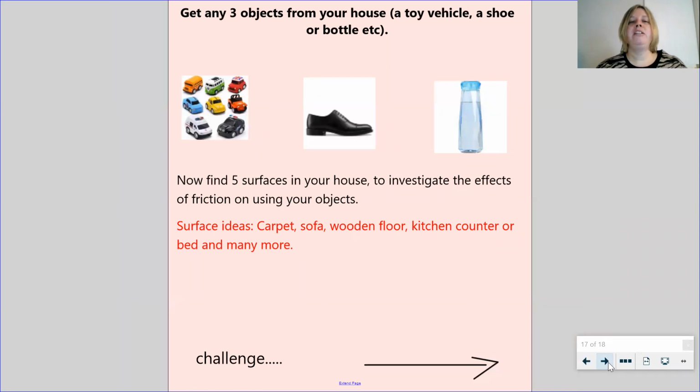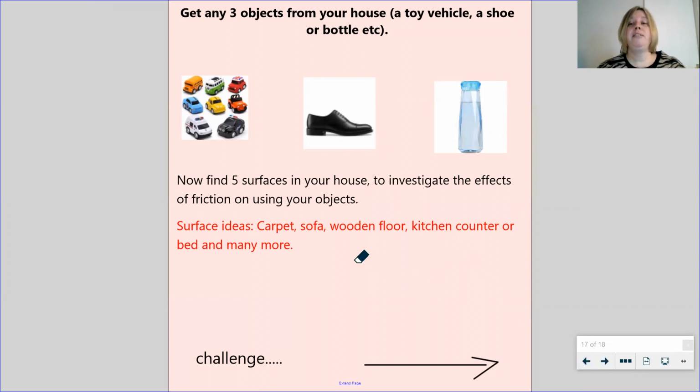Now you need to find 3 objects in your house. This could be a toy vehicle, a shoe, or a bottle. You can find some other objects in your house for you to test. Now you need to find 5 different surfaces in your house to investigate the effects of friction on your objects.